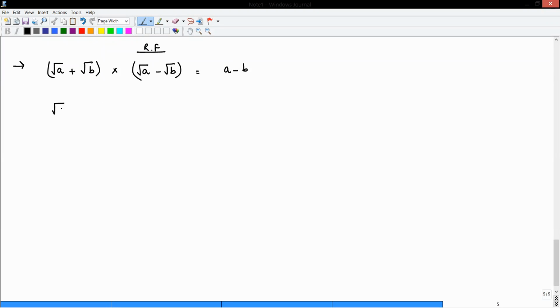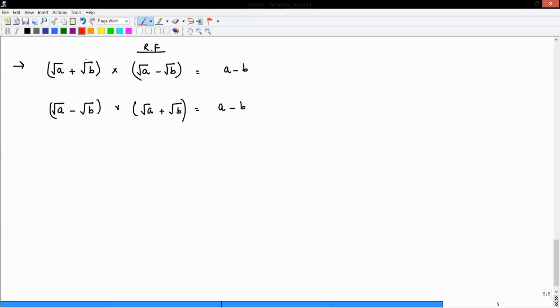If I take root a minus root b, it's vice versa. If you take root a minus root b, then it will be root a plus root b. For squares, it will be okay because it is easily understood that you need to do a square minus b square formula is equals to a plus b into a minus b.